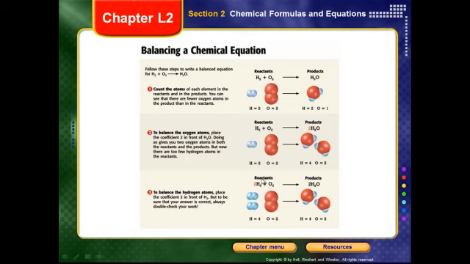So we have to add another 2 before the hydrogen. Count again: 2 hydrogen by 2 gives us 4, and 2 oxygen, yes. At the end result, 2 oxygen here, the red balls, and here 4 hydrogen, they are 4, so these are balanced.